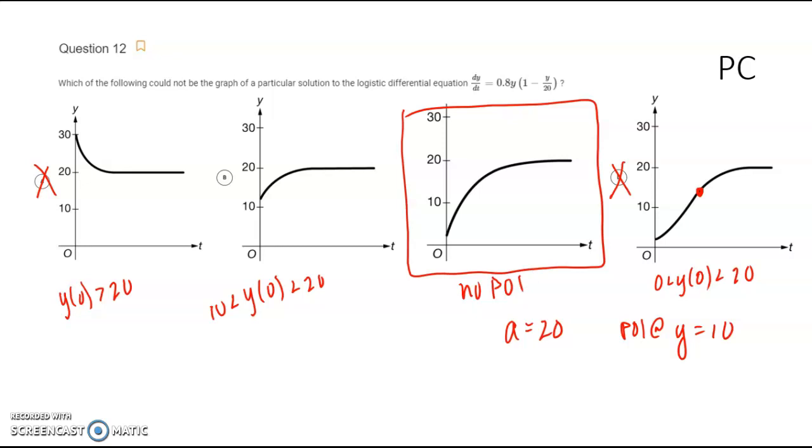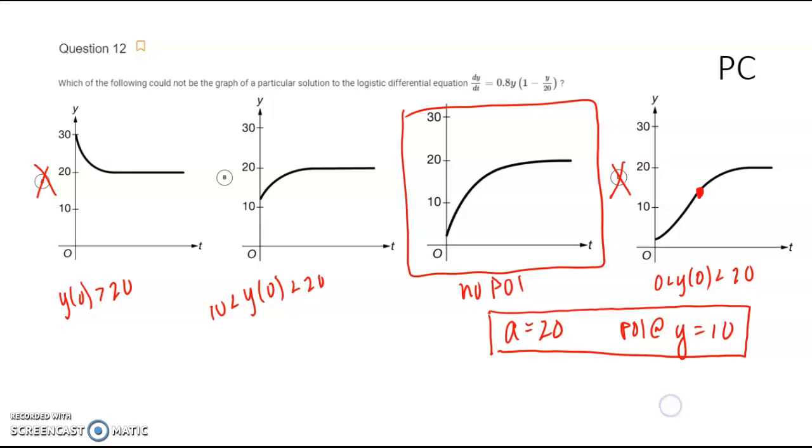If your initial condition occurs below the point of inflection, then by definition you have to have a point of inflection. Okay, so that's the information that I need to be able to understand. Then we can start comparing what the initial condition told us. So the answer to question 12 was C.